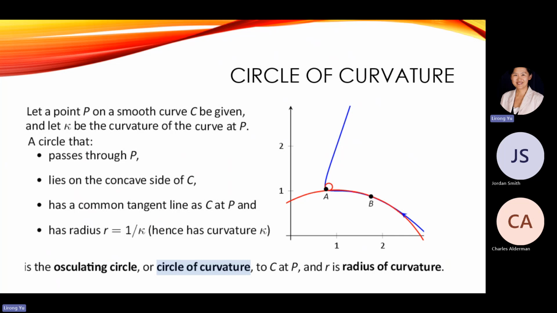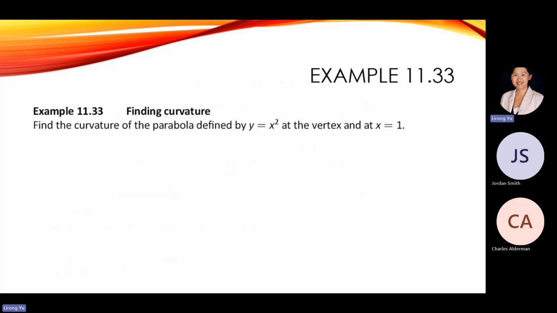They are reciprocals of each other. And the curve is supposed to be tangent to the circle for it to be called a circle of curvature. Any questions? This is the definition of the circle of curvature. Hopefully we see how it works with the example that we presented earlier.